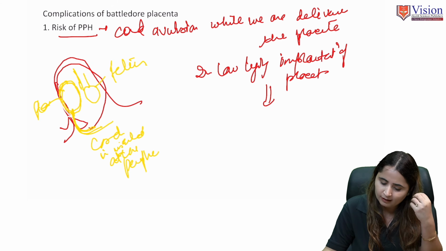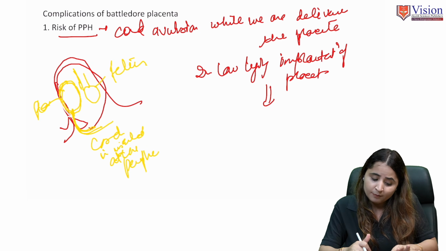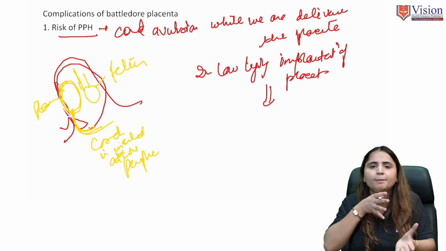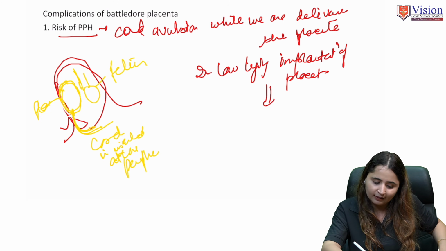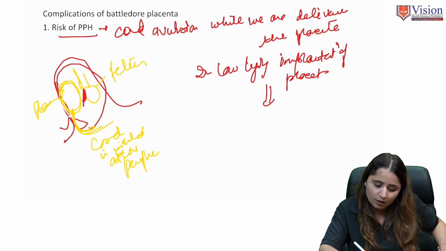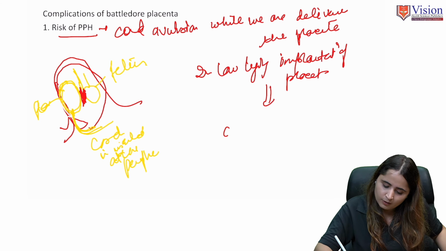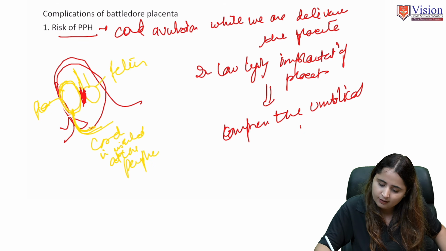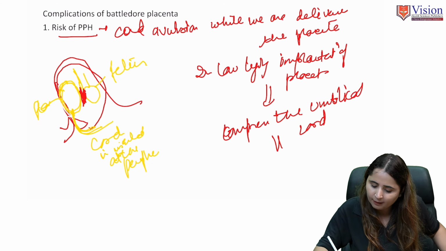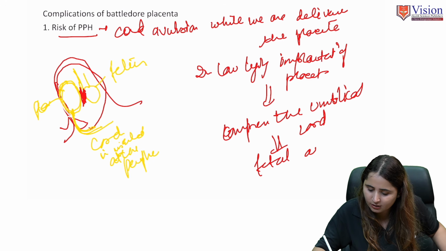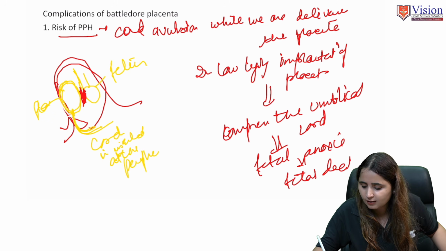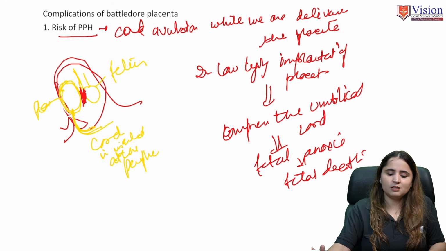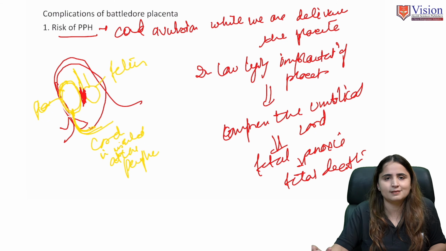When the fetus presenting part is coming down, like you see in the diagram, it is going to compress the umbilical cord. So there is compression of the umbilical cord, which will lead to fetal anoxia and ultimately fetal death. Okay, so this is a complication of battledore placenta.